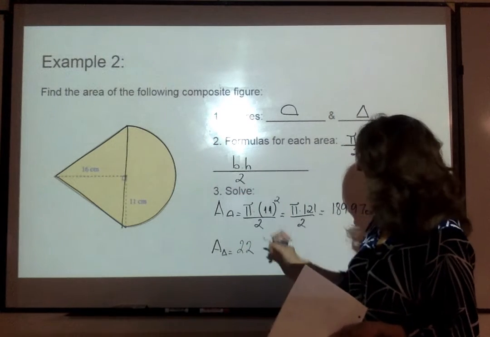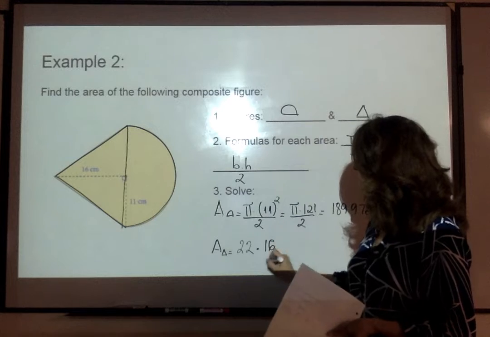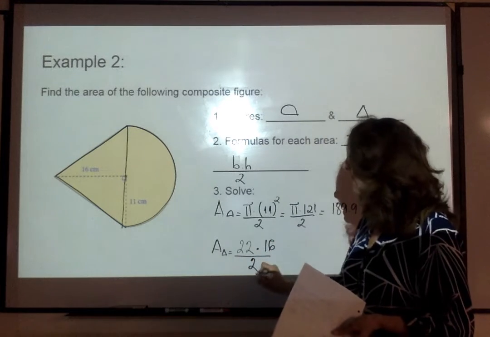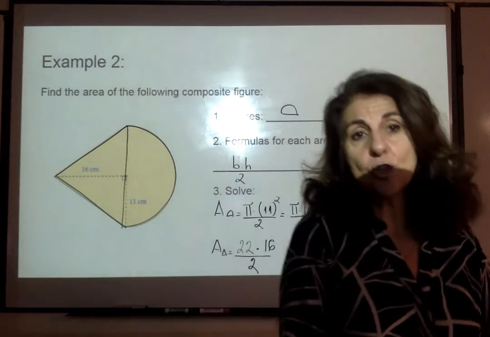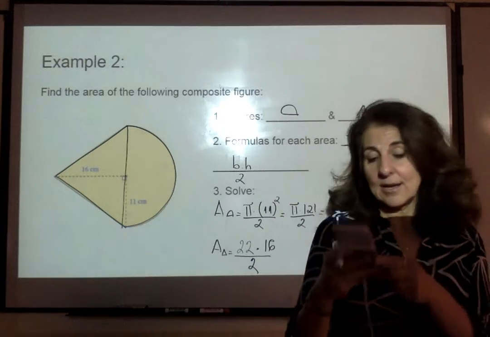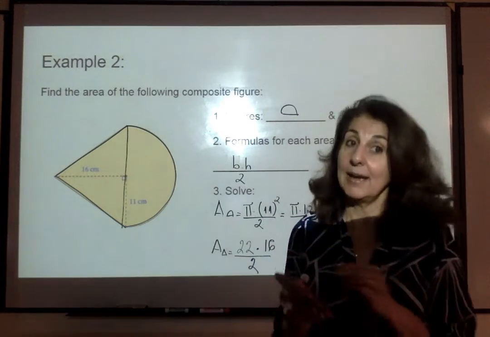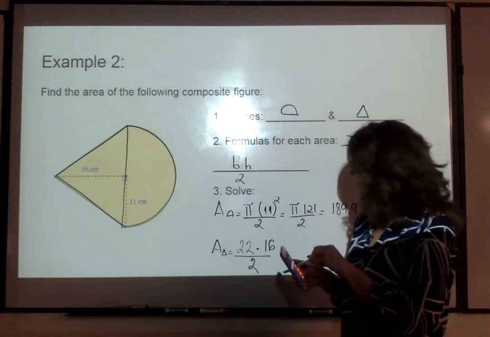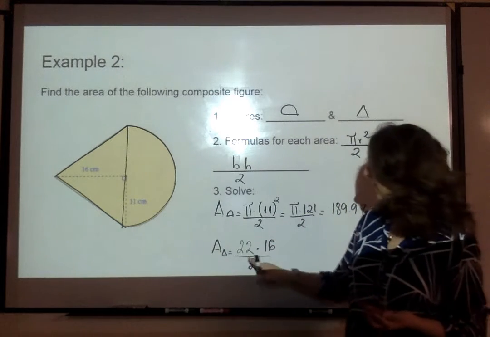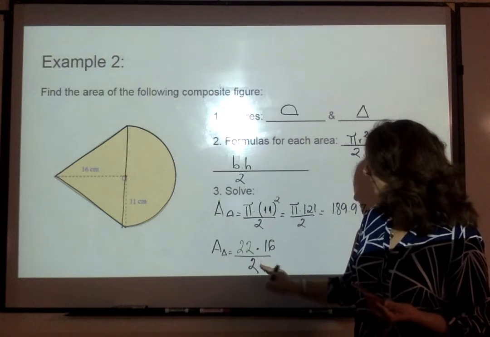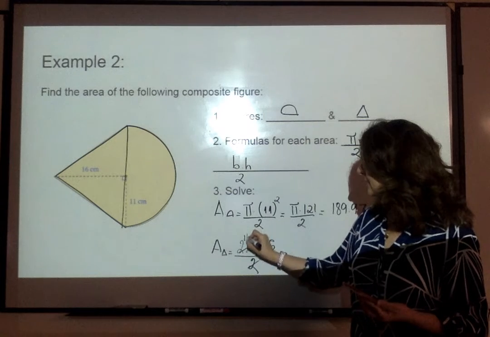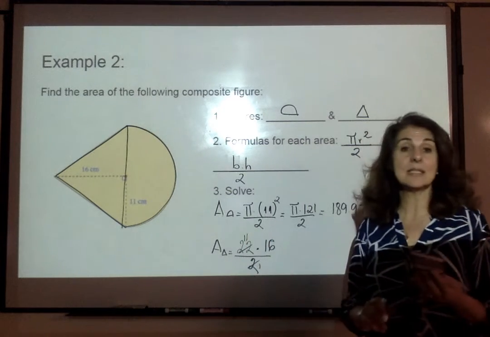My height is 16, and I divide this by 2. So just to show you how we do this, we get the calculator. I use my cell phone. So we get 22. We can simplify 22 divided by 2. This is 11 and this is 1.